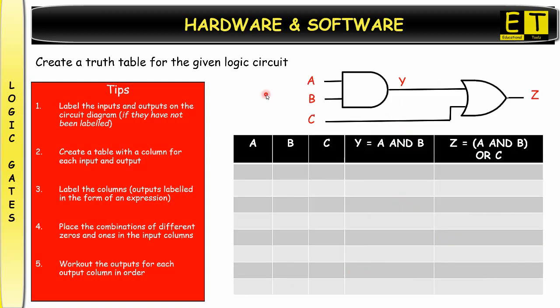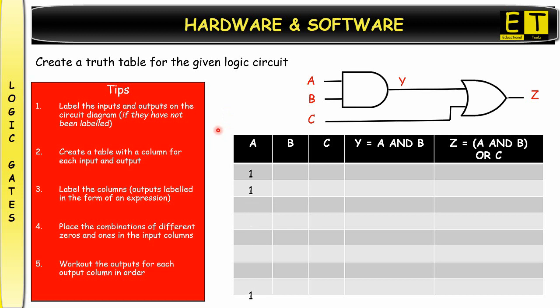Let's try creating another truth table for a different type of logic circuit. In this logic circuit we have an AND gate and an OR gate. So we have three inputs, A, B, C, and we have two outputs, Y and Z. So to start off with, we need to put in all the possible input combinations.